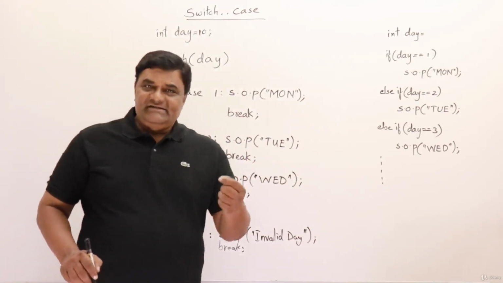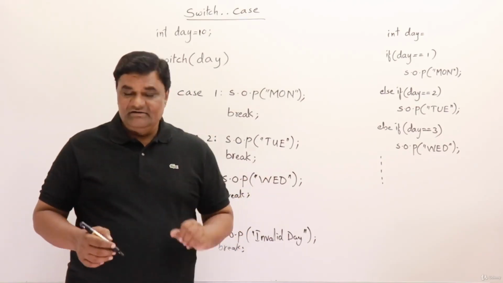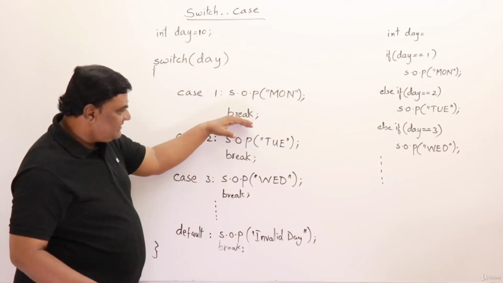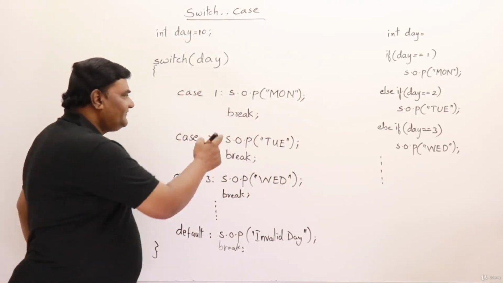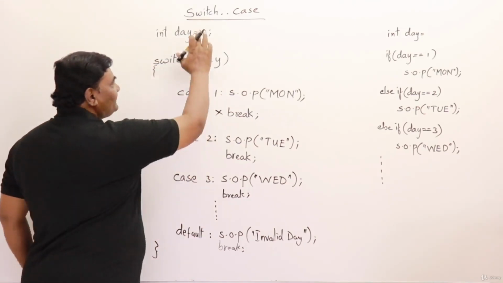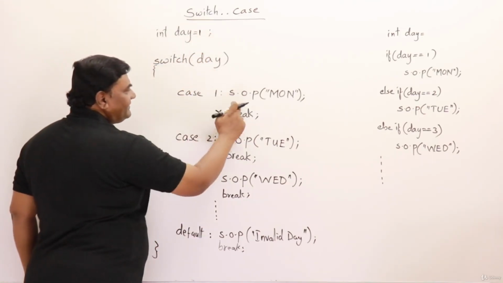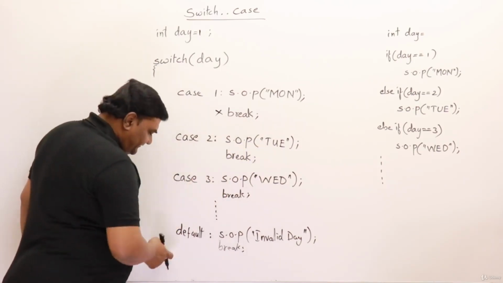Now, next thing, what happens if I don't give break? If you don't give break, then it will execute the following cases also. So if this break is not there and the day number is 1, then it will print Monday as well as Tuesday. Then it finds break, so it will stop.